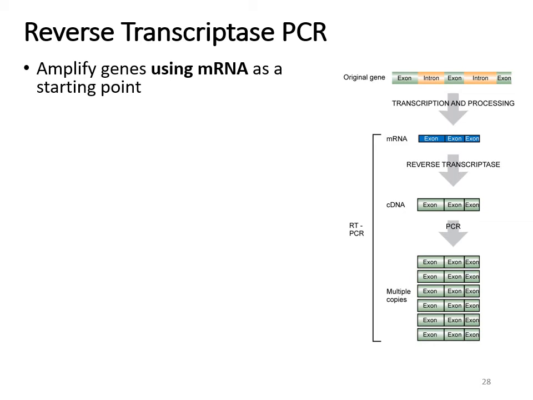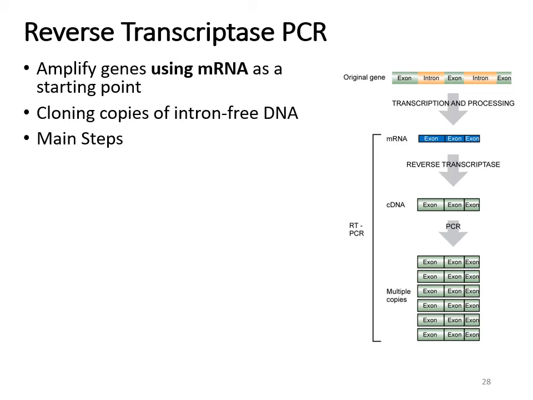Well, this is used in gene expression research, because mRNA is gene product, so it shows how active particular genes are. So you're now going to clone copies of intron-free DNA in this process and amplify that.